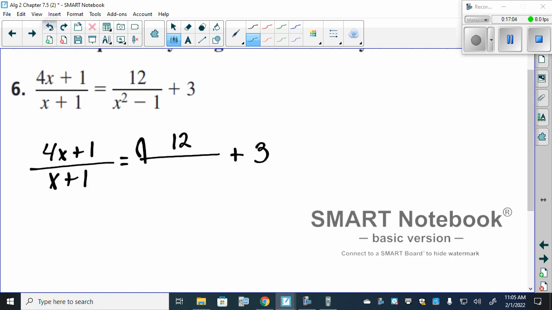So the first thing we need to factor is the x squared minus 1. Well, x squared minus 1 is a difference of perfect squares and factors to what? x plus 1 and x minus 1. So if we'd have left it as x squared minus 1, we would have actually added an extra factor of x plus 1 in each term.